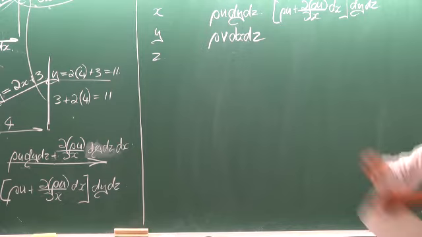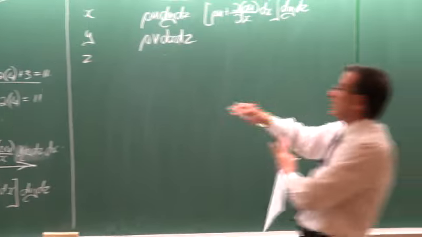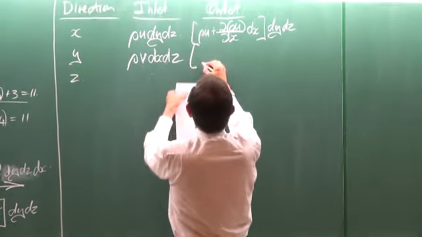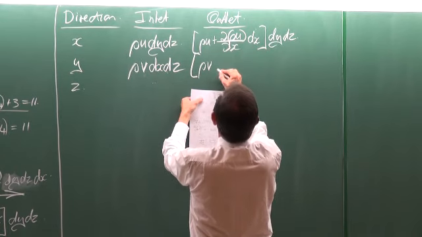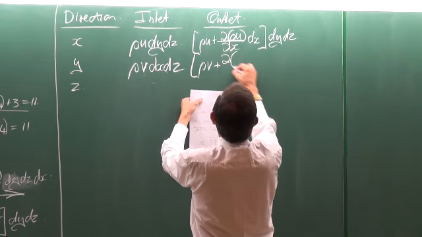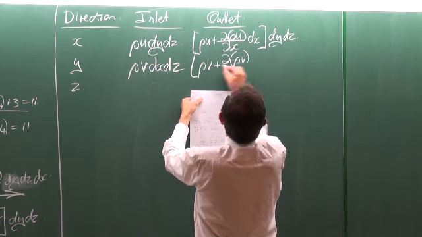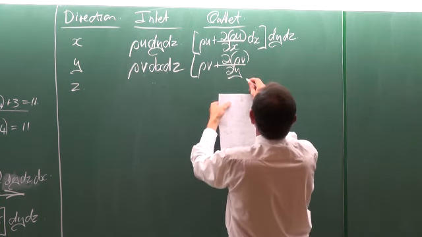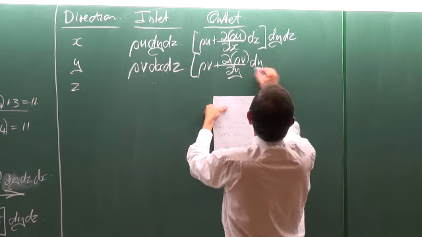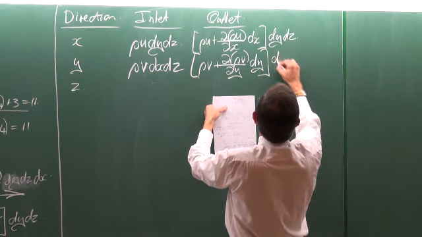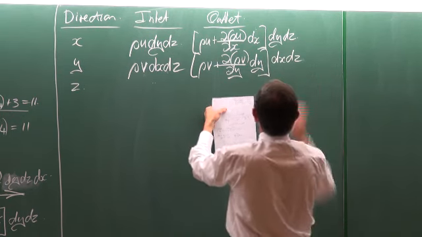And then we do the same on the outlet side. On the outlet side, we can write it as rho multiplied by v plus partial d of rho v dy, multiplied by dy, and now multiplied by dx dz.